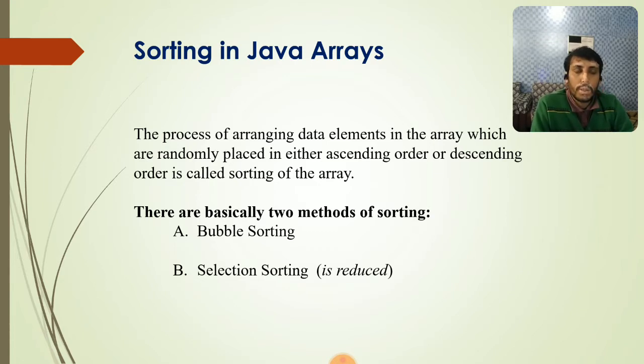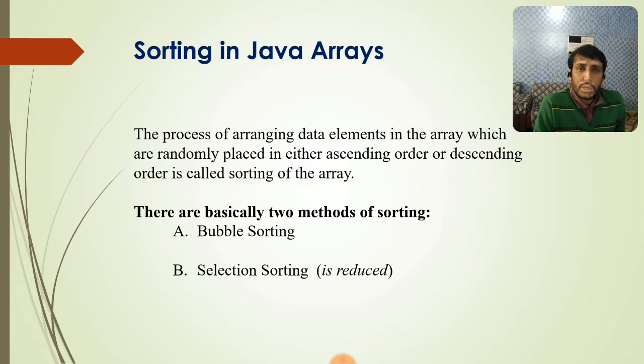Means if there is data in the array and it is not arranged in a proper way, neither in ascending order nor in descending order, and if you want to arrange it in ascending or descending order, there are methods written in Java to do the sorting.